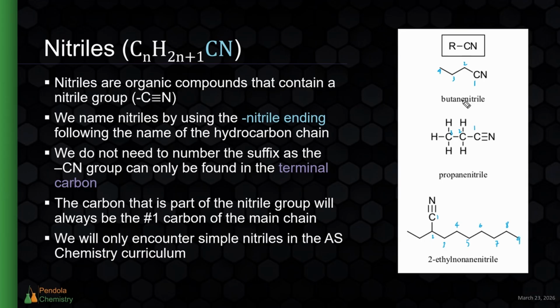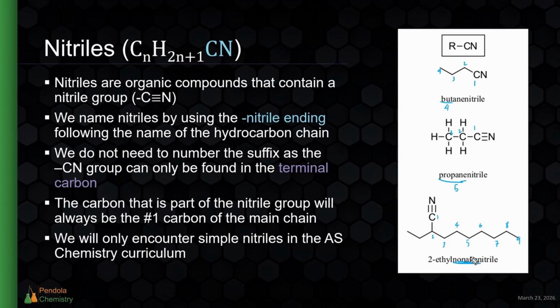So butane nitrile will be a 4-carbon nitrile, because but means 4. Propane nitrile will be a 5-carbon alkane, because it means 5. Oh, sorry, what am I saying? A 3-carbon alkane, because prop means 3. And then nonane nitrile.